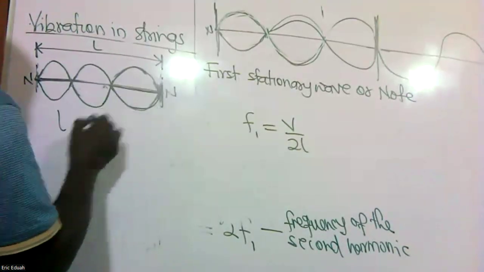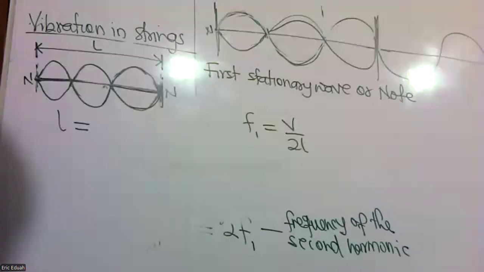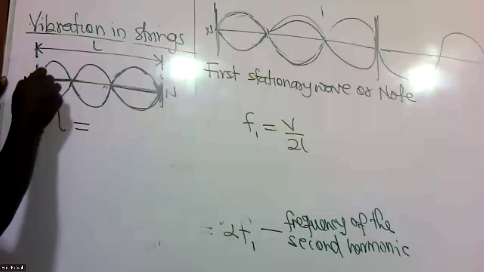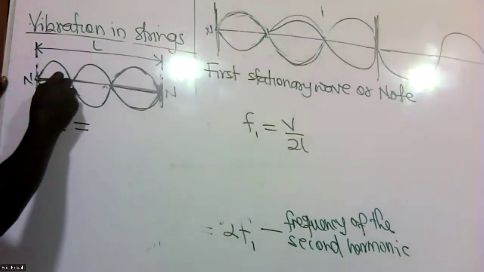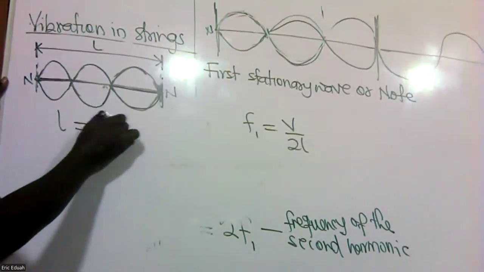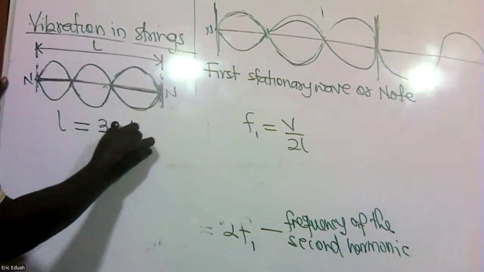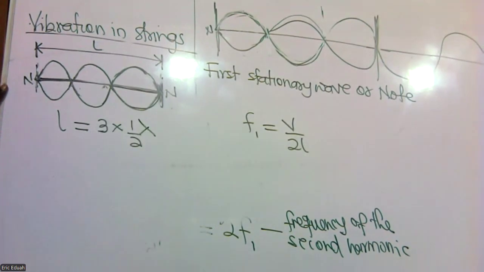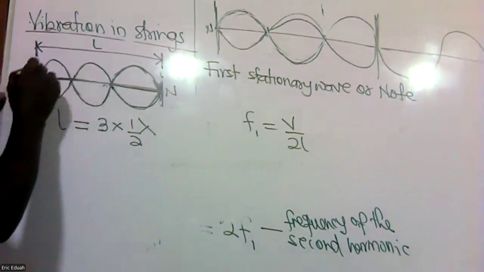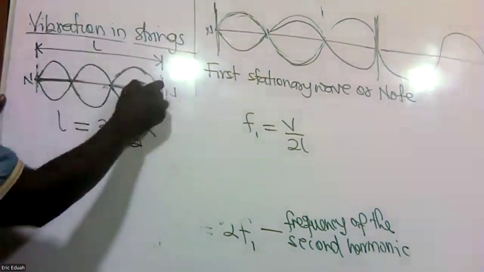Lambda 3. Okay, so we have half, half, half. So we have 3 times half lambda. Okay, node to node, node to node. So half, half, another half.